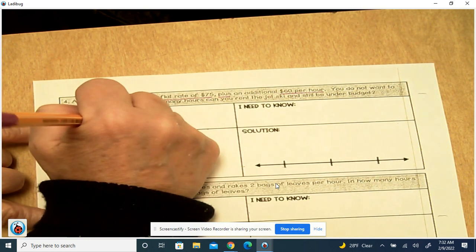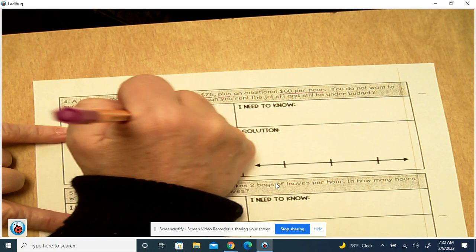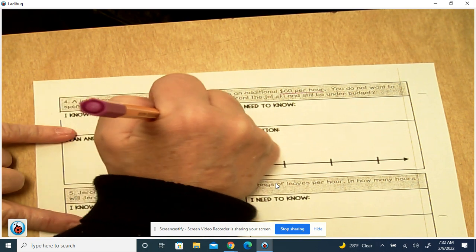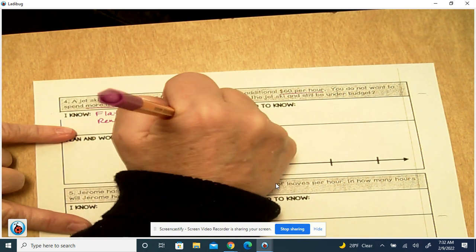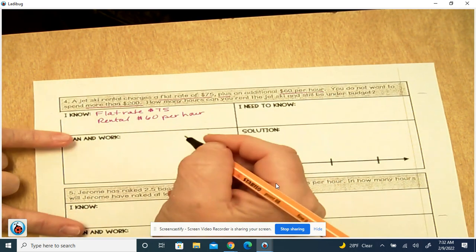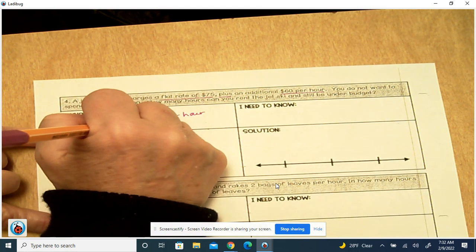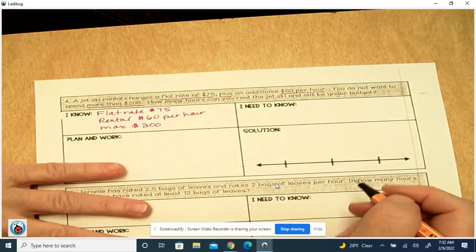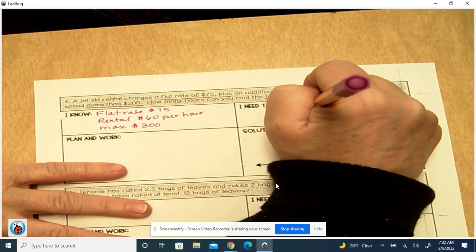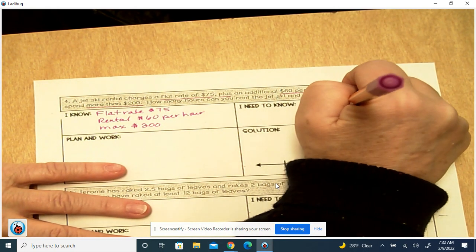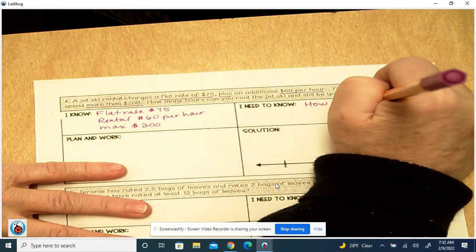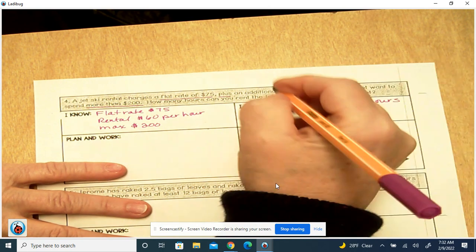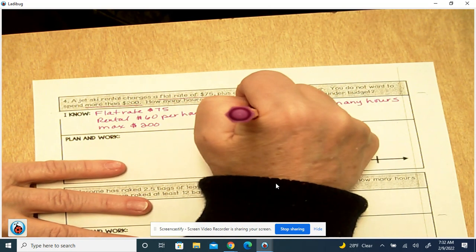The rental is $60 per hour. You have a maximum of $200. What you need to know is how many hours can the jet ski be rented for?